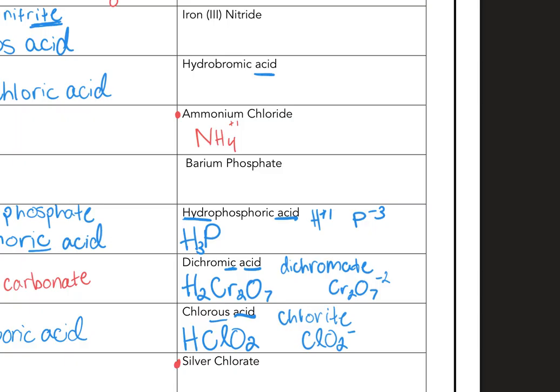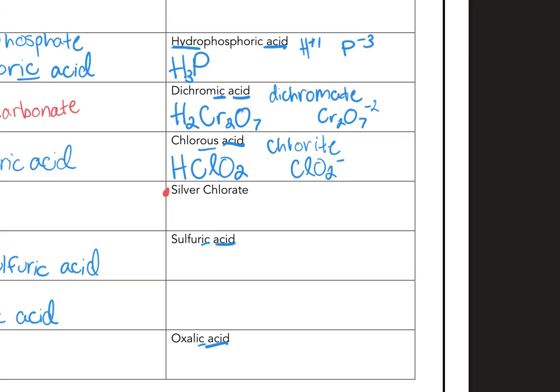Chloride. Chloride is Cl. Cl also has a -1 charge, so that works out really well. It is just going to be NH4Cl. I only need 1 of each, okay, because they cancel each other out. And remember, we do not include charges in the final formula.